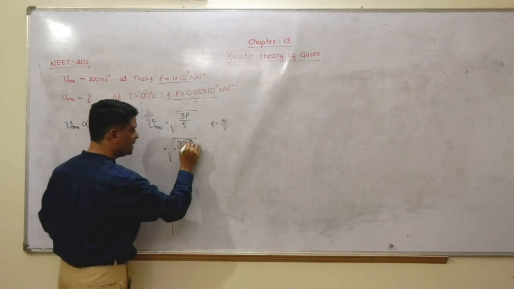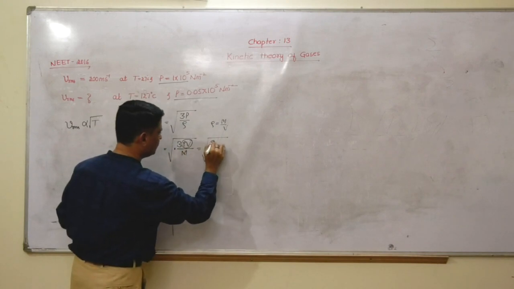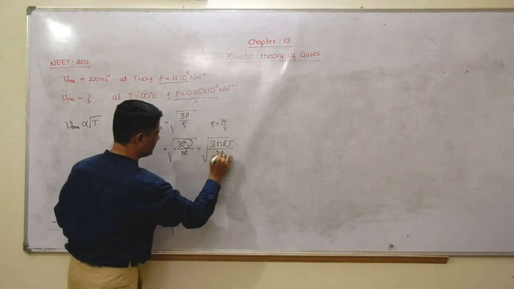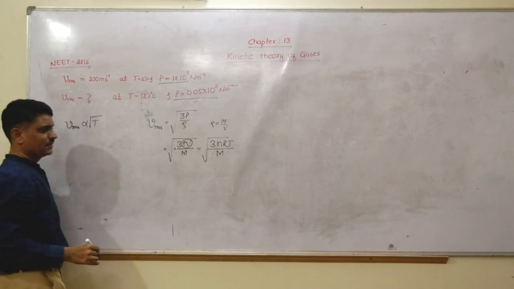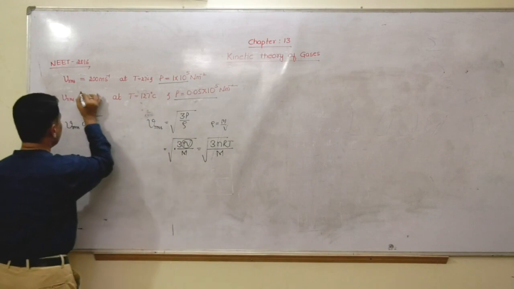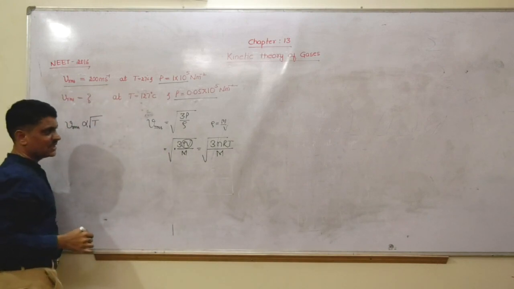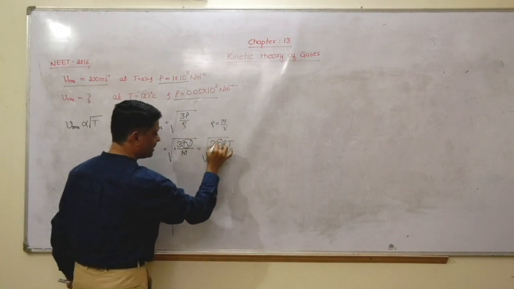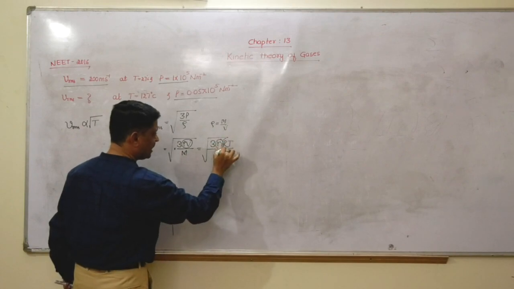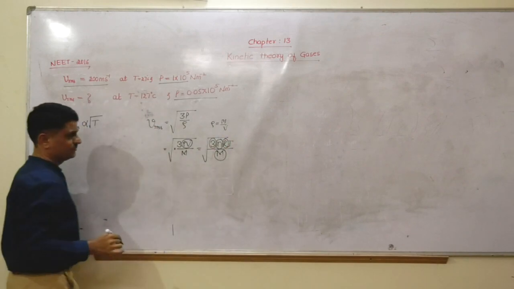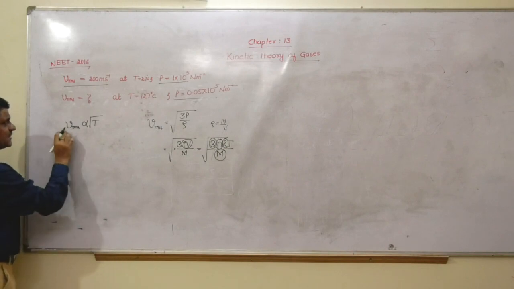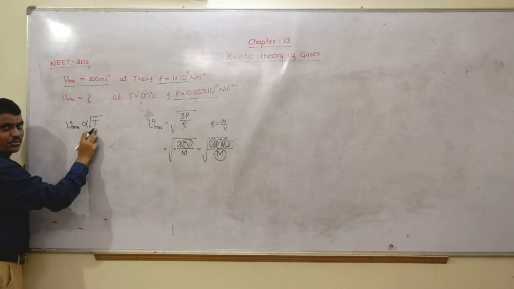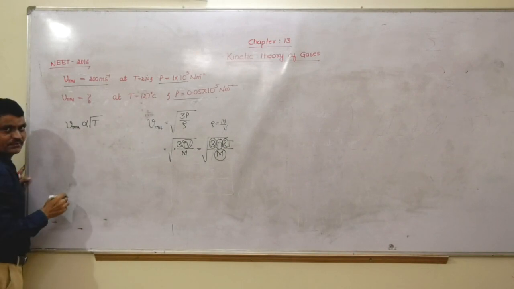We know that PV is equal to nRT by capital M. So here we are not changing the gas, therefore number of moles remains same, mass remains same, R remains same, 3 is a number. Hence directly I can say VRMS directly proportional to root of temperature.